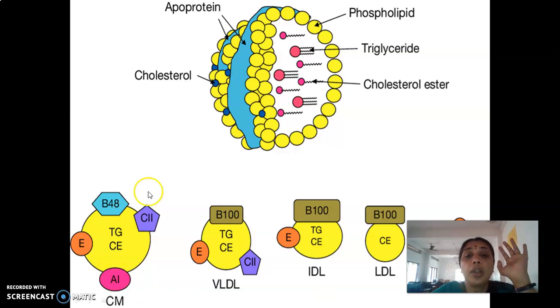Cholesterol esters, while all the other remaining lipoproteins transport both TG and cholesterol or cholesterol esters, while LDL and HDL transport mainly the cholesterol esters. The TG content is very less when compared to that of the chylomicrons. And HDL also transports phospholipids, of course. Then ApoA1, E, and C2 are the apoproteins present on the HDL, right?